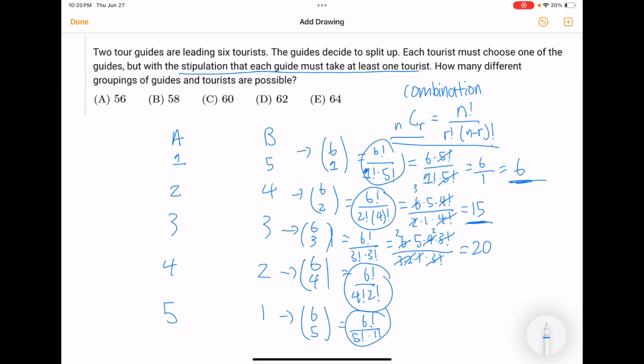And so the answer would be the same as well. So it would be 15 and then 6.